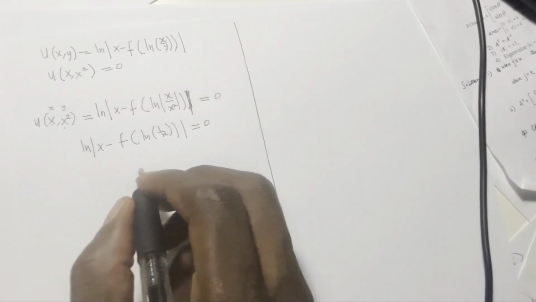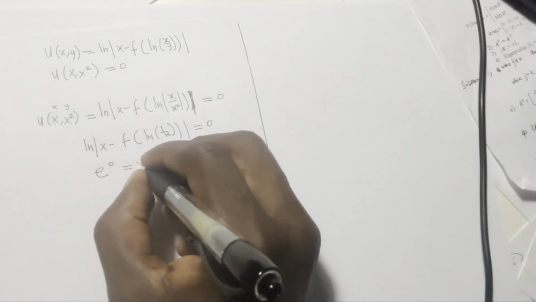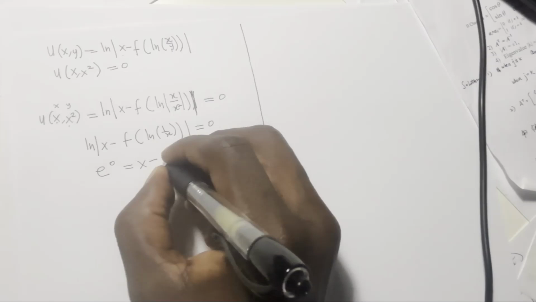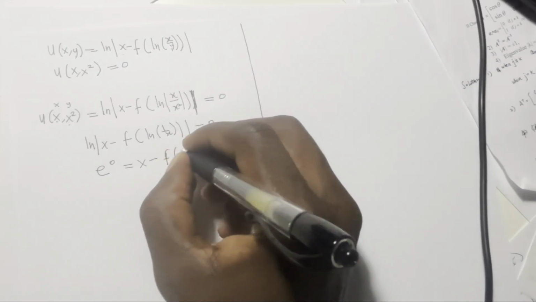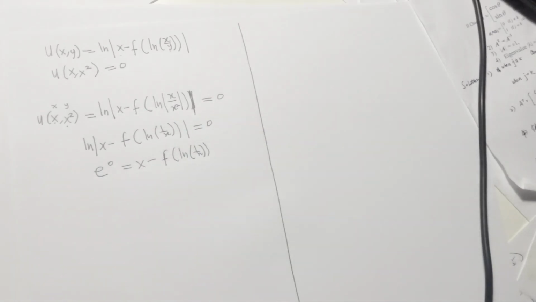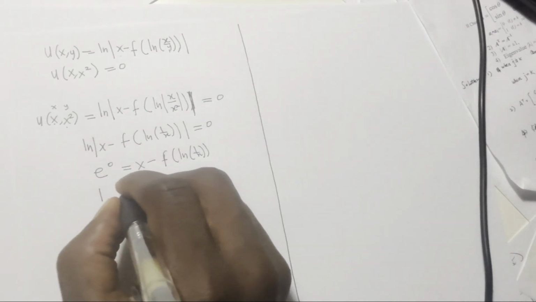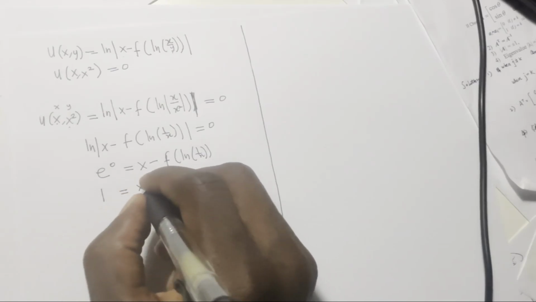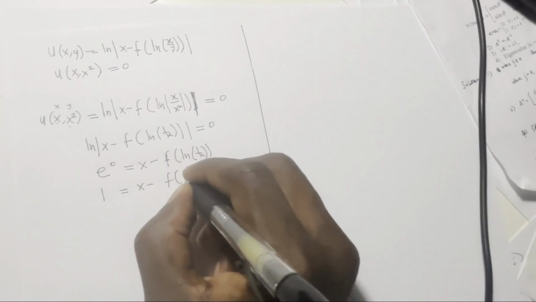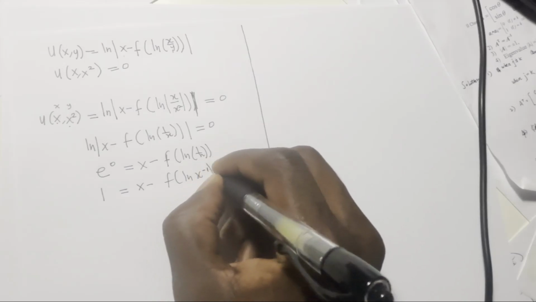And then we can say that we have e to the power 0 is equal to x minus f of the natural log of 1 over x. Now we can say that e to the power 0 is equal to 1, so we have x minus f of the natural log of x to the power negative 1.